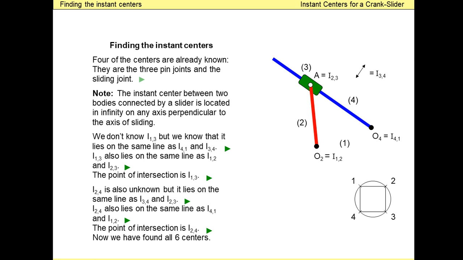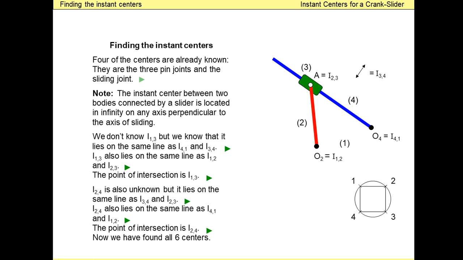Next, link 2 is connected to the slider at point A. So link 2 is connected to link 3 at point A and forms a revolute pair at that point. So this forms instantaneous center I23.